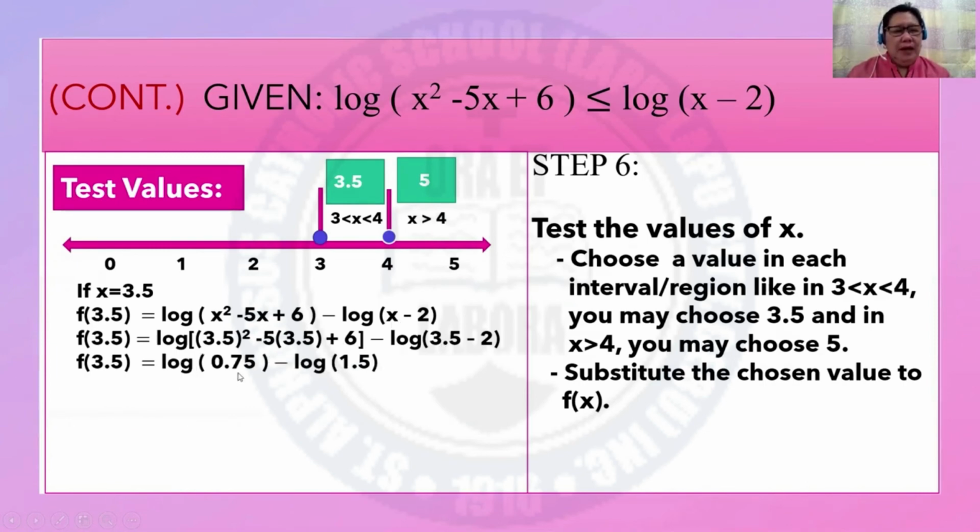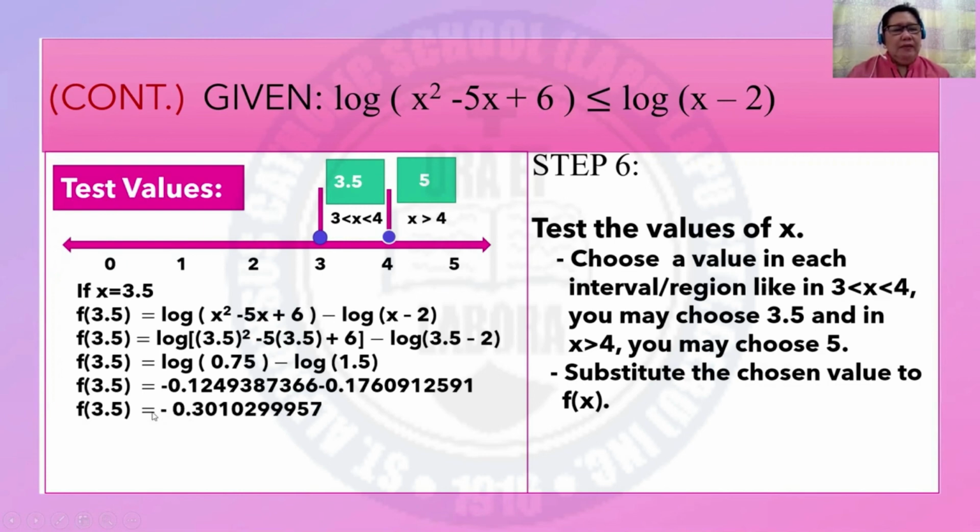And then simplify, what we have is 0.75 on this part. And here, it is equivalent to 1.5. Then, take the logarithm of 0.75. This is the equivalent value. And the logarithm of 1.5, this is the equivalent value. You may check the values using your calculator.